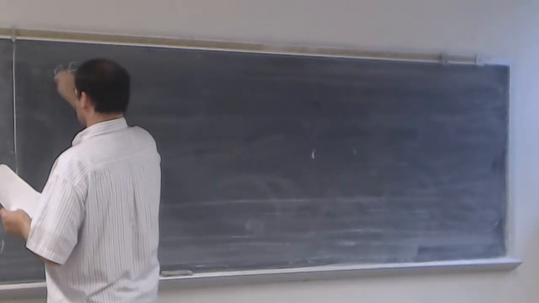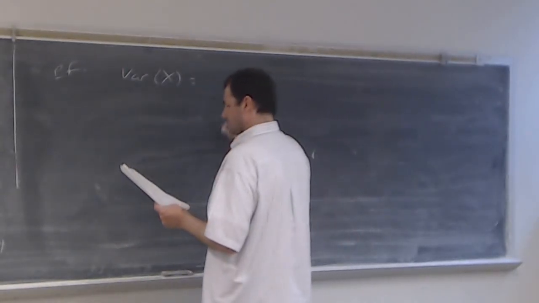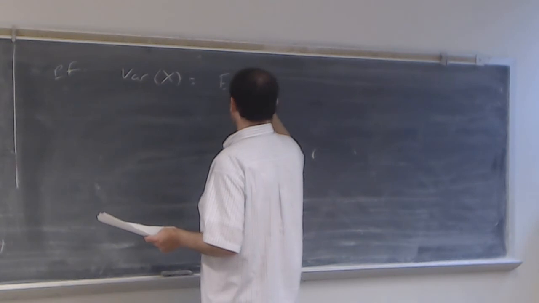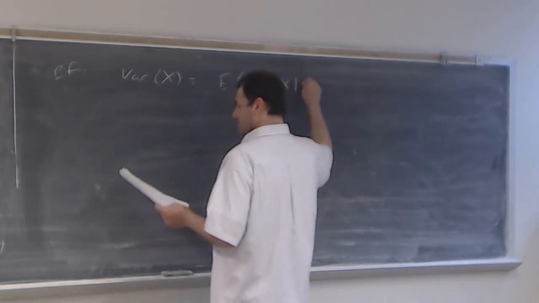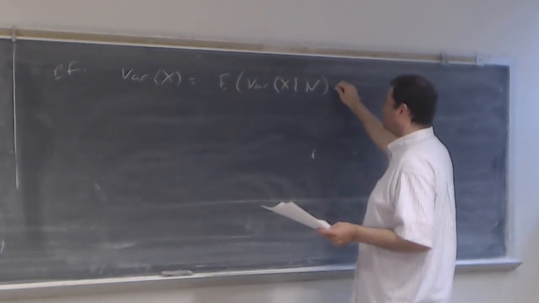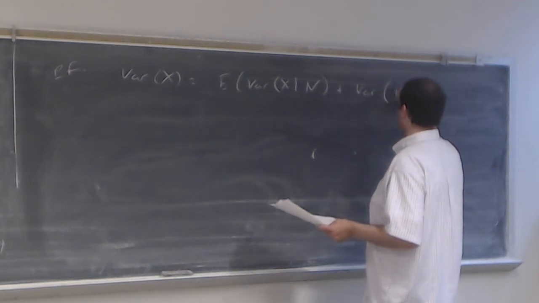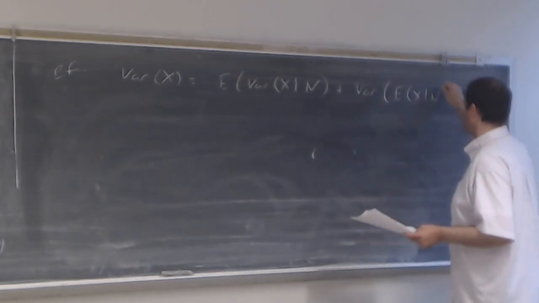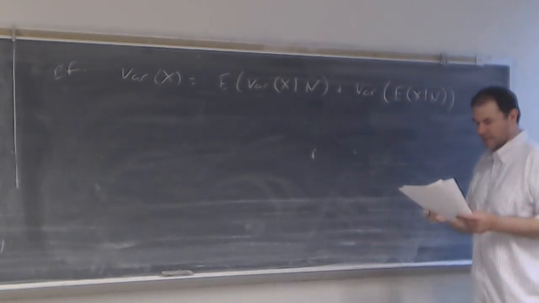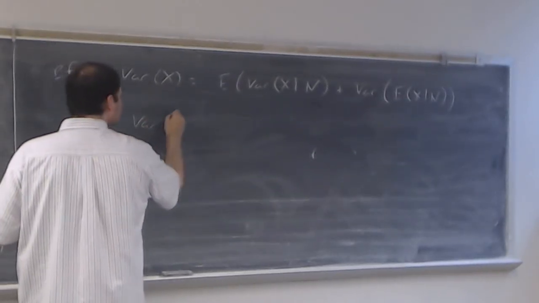Okay. Here's the proof. Well, the variance of x is going to be equal to, by our previous one, the expected value of the variance of x given N, plus the conditional variance of the expected value of x given N. Now, we'll look at each part.